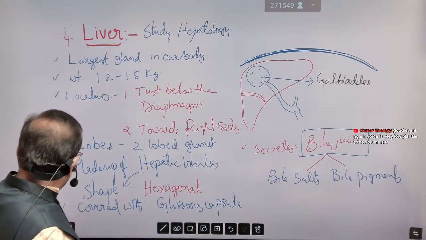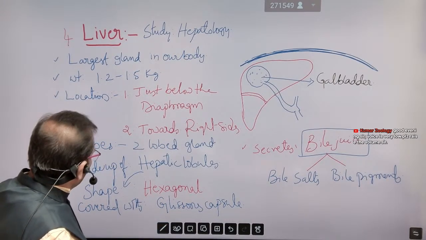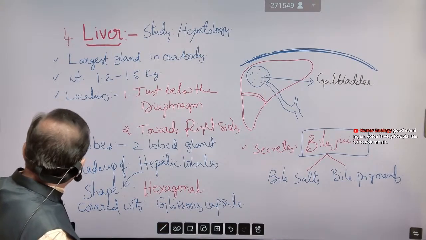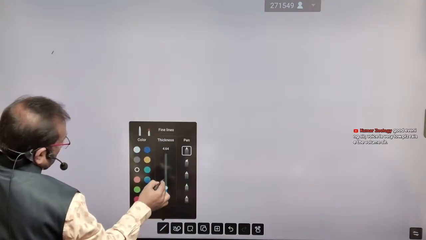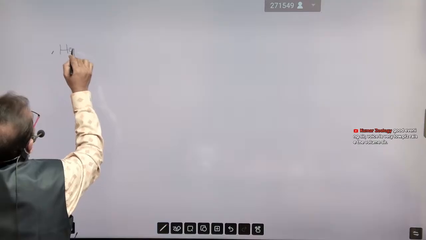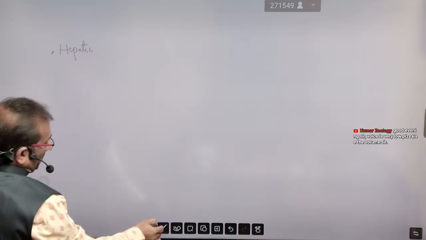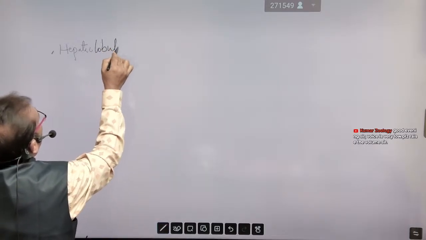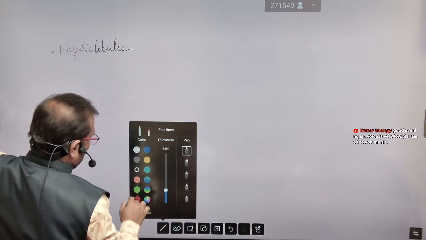Now coming to the cross section of the liver and the arrangement of the hepatic lobules. Now we will discuss the hepatic lobules. They are called the structural and functional units of liver.